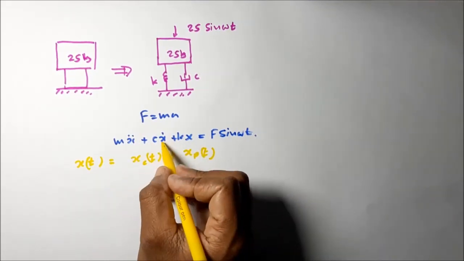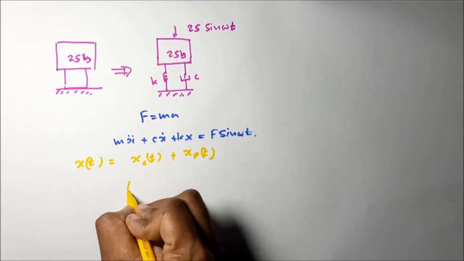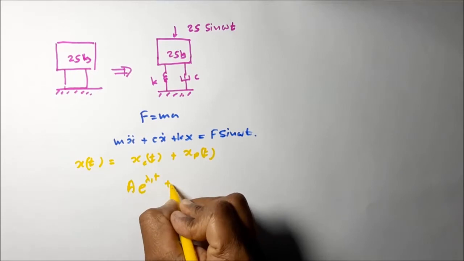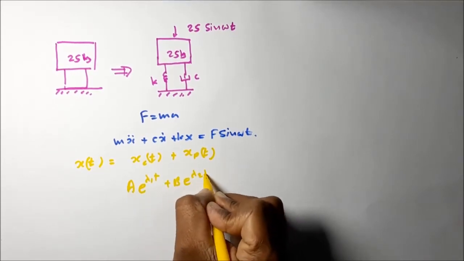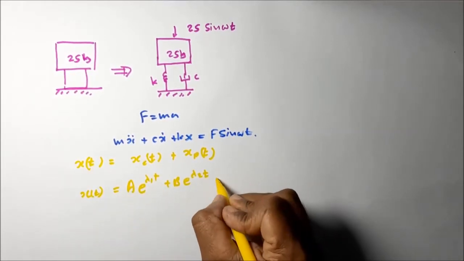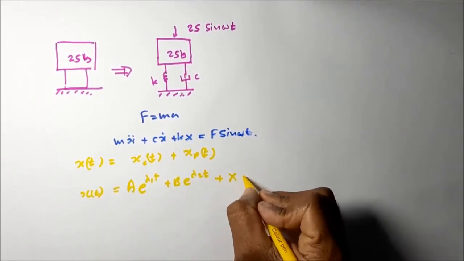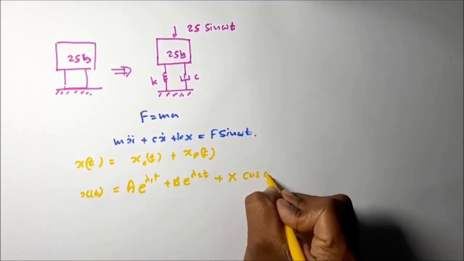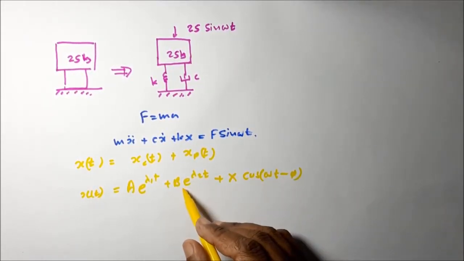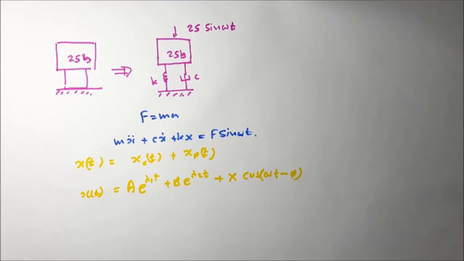By equating the left hand side to 0 we get A e to the lambda 1 t plus B e to the lambda 2 t, plus the particular integral X cos(omega t minus phi).